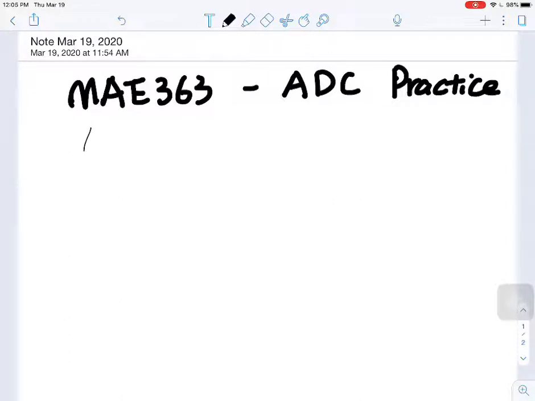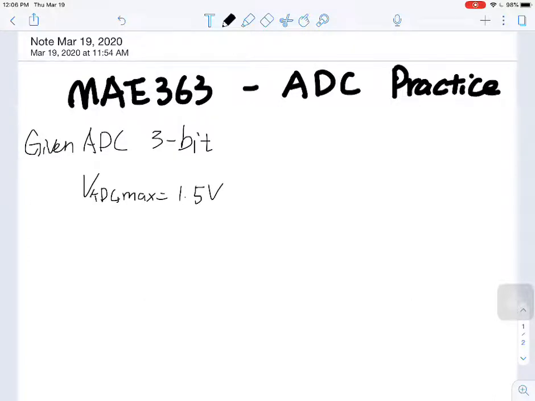So if we have an ADC that has 3-bit, and this is the given condition, and we know the maximum voltage this ADC can take equals 1.5 volt, and the minimum voltage it can take is -2.